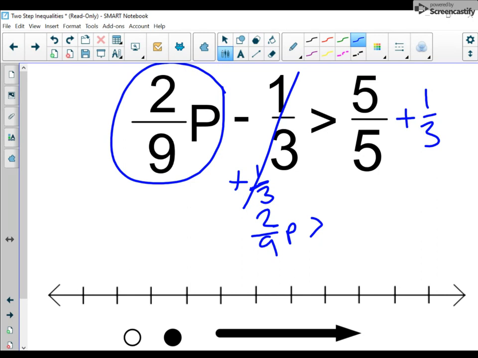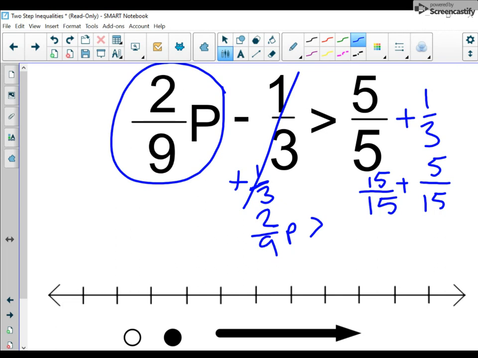So what's a common denominator between 5 and 3? 15, very good. 5 times 3 gives me 15, so what I do to the bottom, I have to do to the top, so it's going to be 15/15 plus 3 times 5 gives me 15, and when I do that to the bottom, I have to do the top, so 1 times 5 is 5.